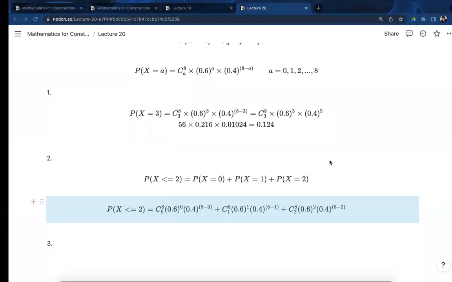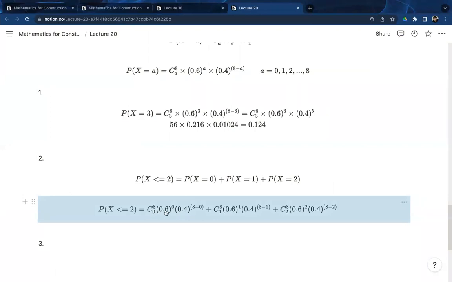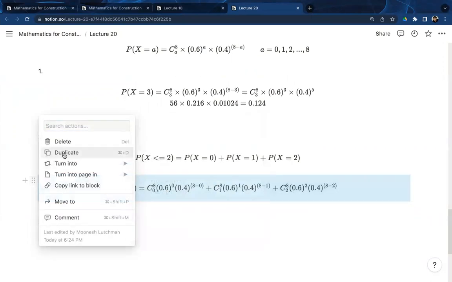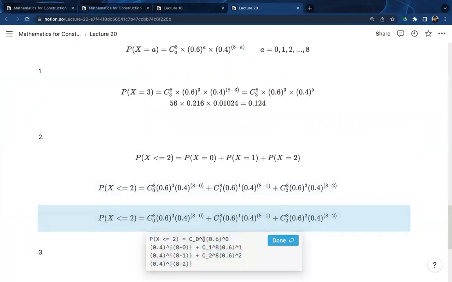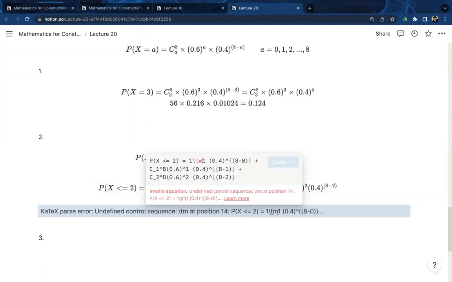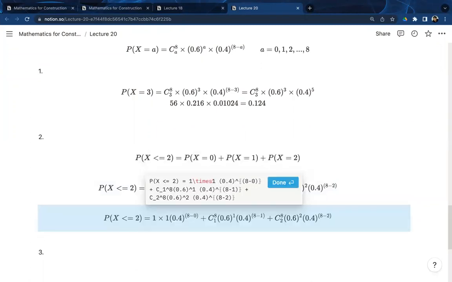So it's 1. This makes sense because there's only one way to have 8 failures. It means everybody failed. So this here is 1. 0.6 to the power 0 is 1. And this is 0.4 to the power 8.